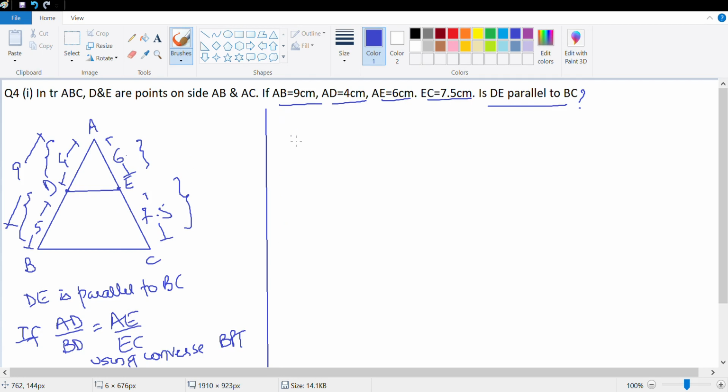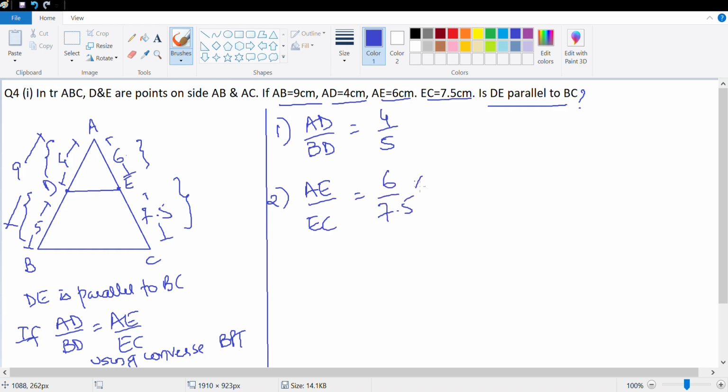So let's just work on this. Number 1 would be AD upon BD is equal to 4 upon 5. That's the ratio. And the next is AE upon EC is equal to 6 upon 7.5, multiply with 10. This gives me 60 upon 75, which is 4 upon 5.